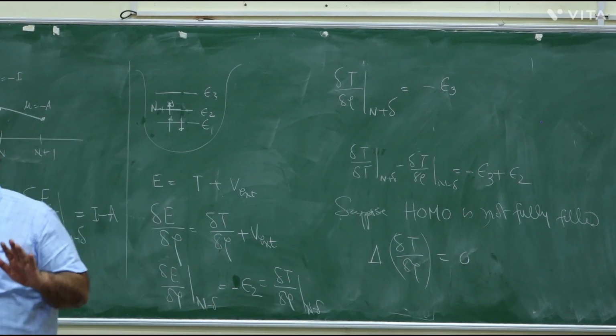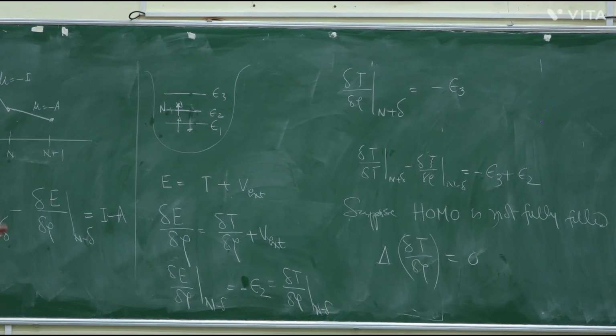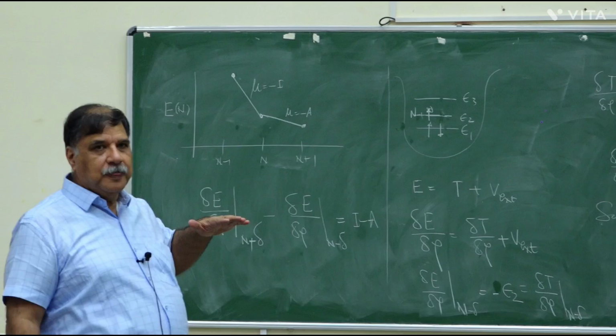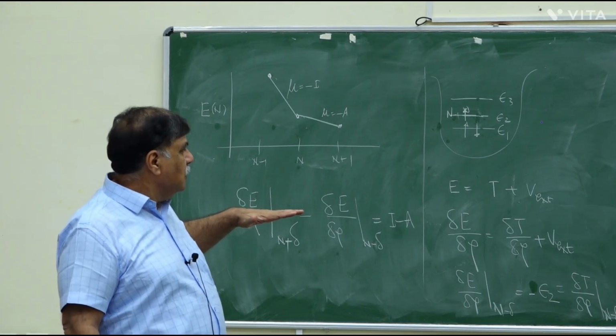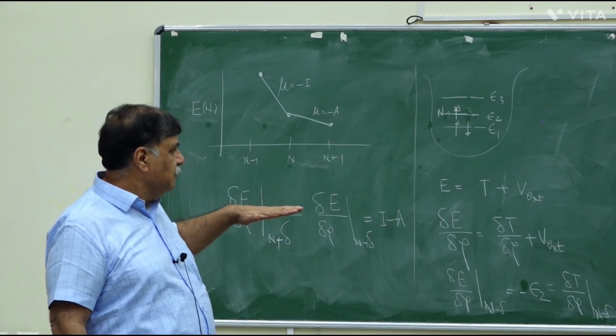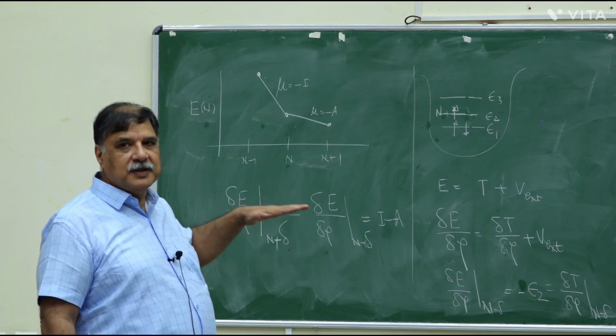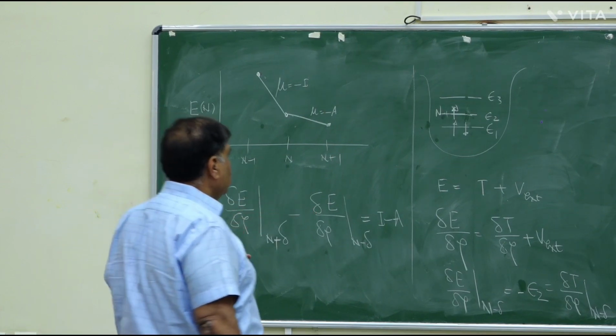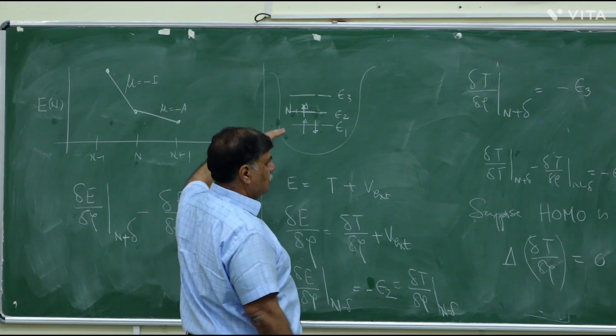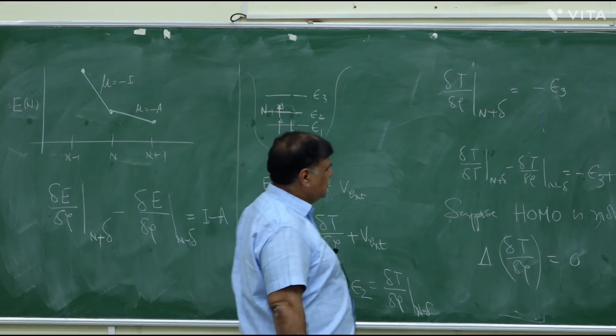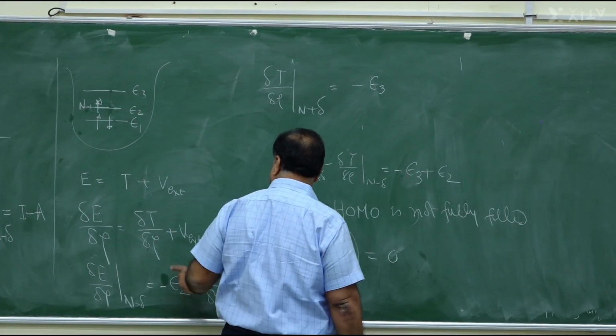Alright, this is very important because in a system where there is no gap, the change in the functional derivative of T is 0. If there is a gap, it's equal to the eigenvalue difference. It should be epsilon 3 minus epsilon 2. Just change the sign.